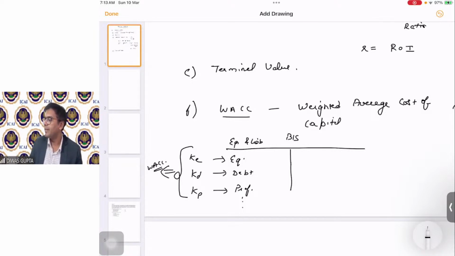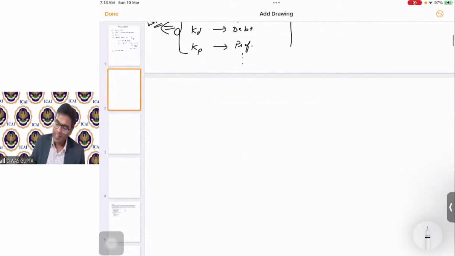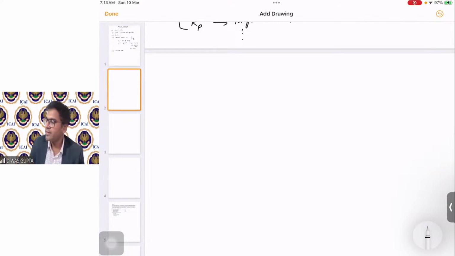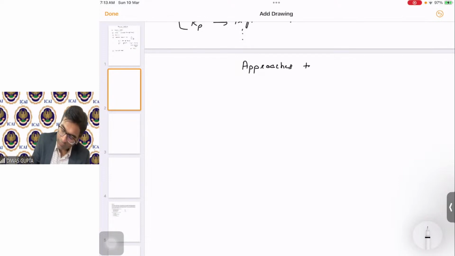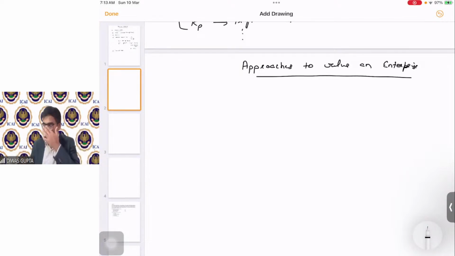Okay. Now let's move ahead. Let's come to now, students, what are the different approaches to value an enterprise? What are they?